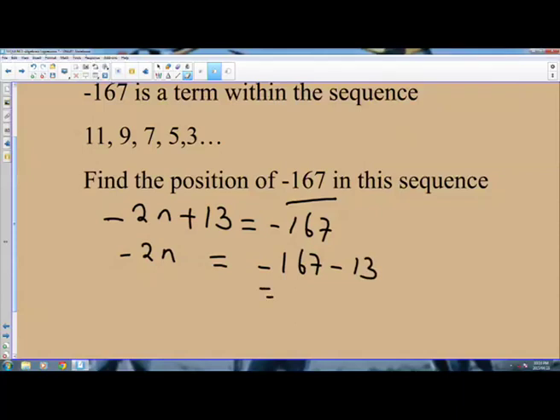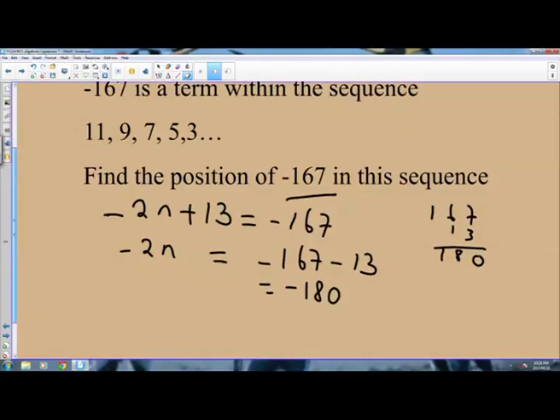Minus 167 minus 13 is negative and negative, so we can add and place the value here, which is going to be negative. 7 plus 3 is 10. And then this is 6, 7, it's 8, 1. So what we're simply saying is minus 2n is equal to negative 180.